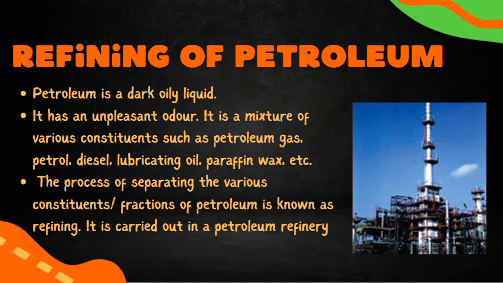Very important definition you need to remember for your exam. You can be asked a question like, what is refining? So, the process of separating the various constituents or fractions of petroleum is known as refining. Where is refining carried out? It is carried out in a petroleum refinery. This is the image that I have taken from your NCERT textbook. This is the image of a petroleum refinery.